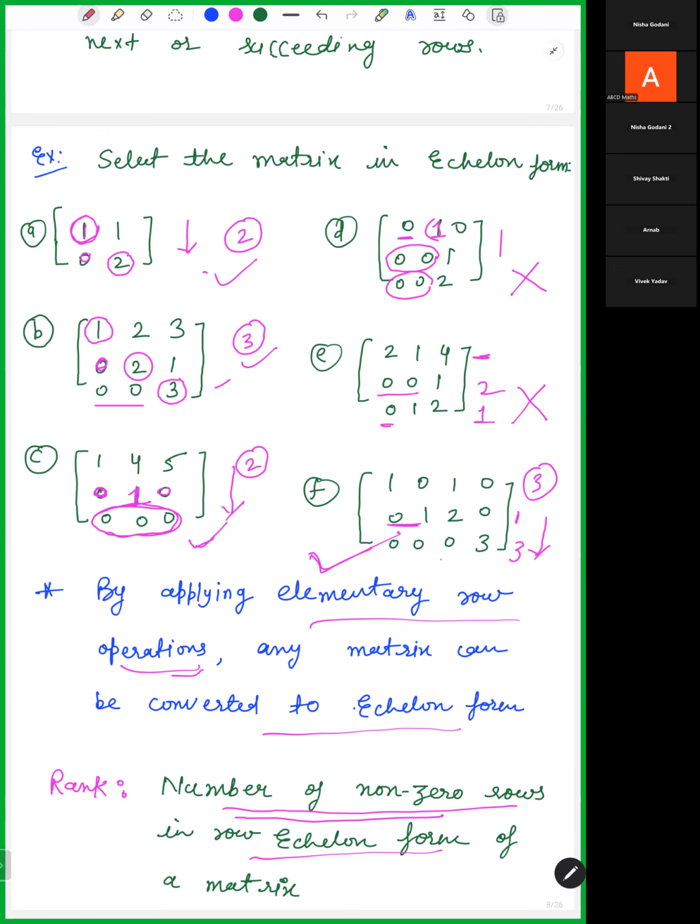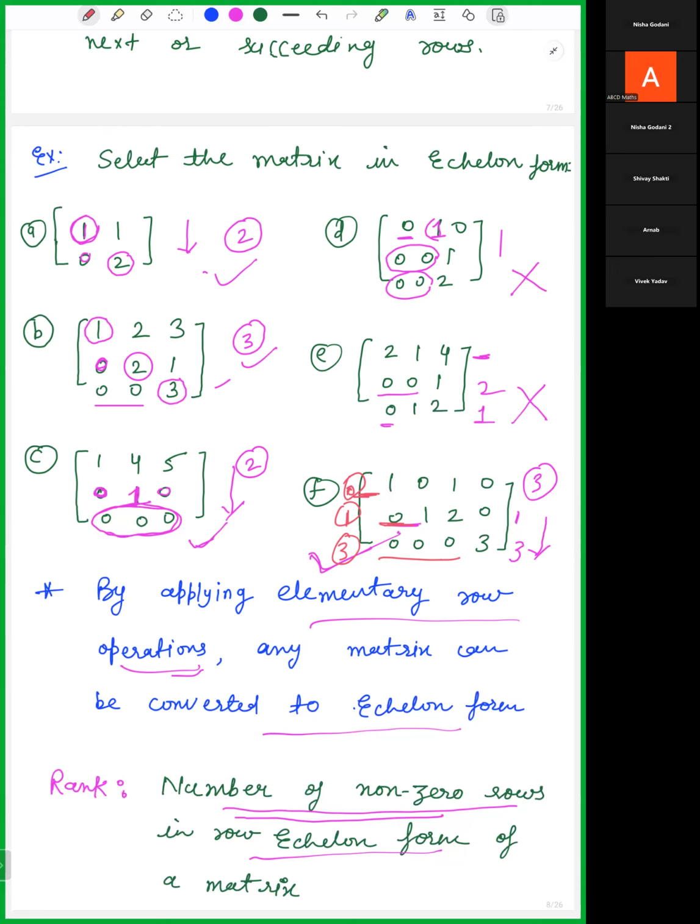I am talking about the zeros before a non-zero number in a row. So in the first row, there is no zero before a non-zero number. And in the second row, there is 1 zero before a non-zero number. In the third row, there are 3 zeros before a non-zero number. So the number of zeros is increasing as you go from row 1 to row 3. Is it okay, Sairam? Are you getting my point?